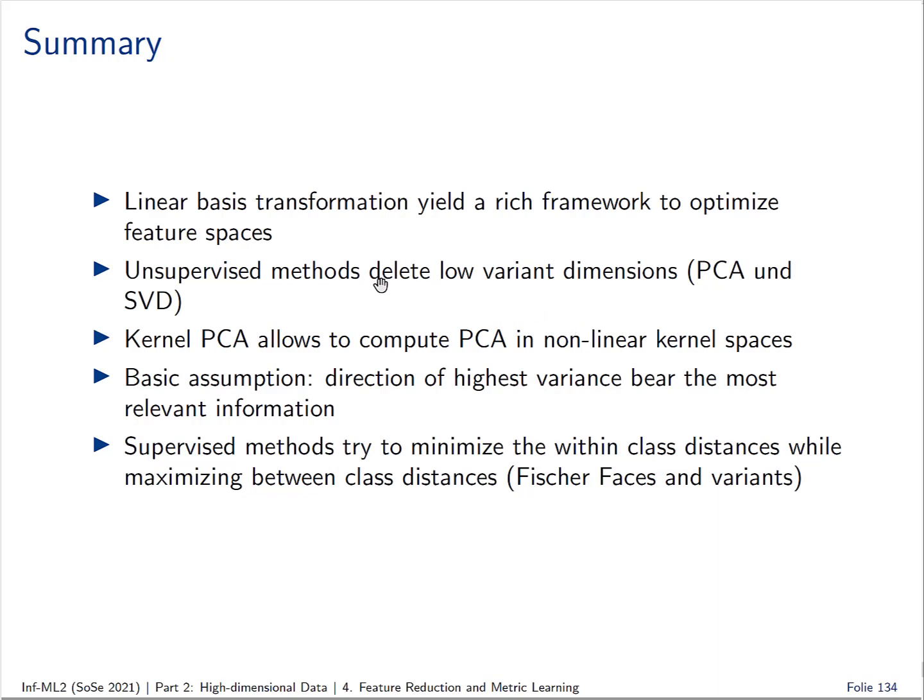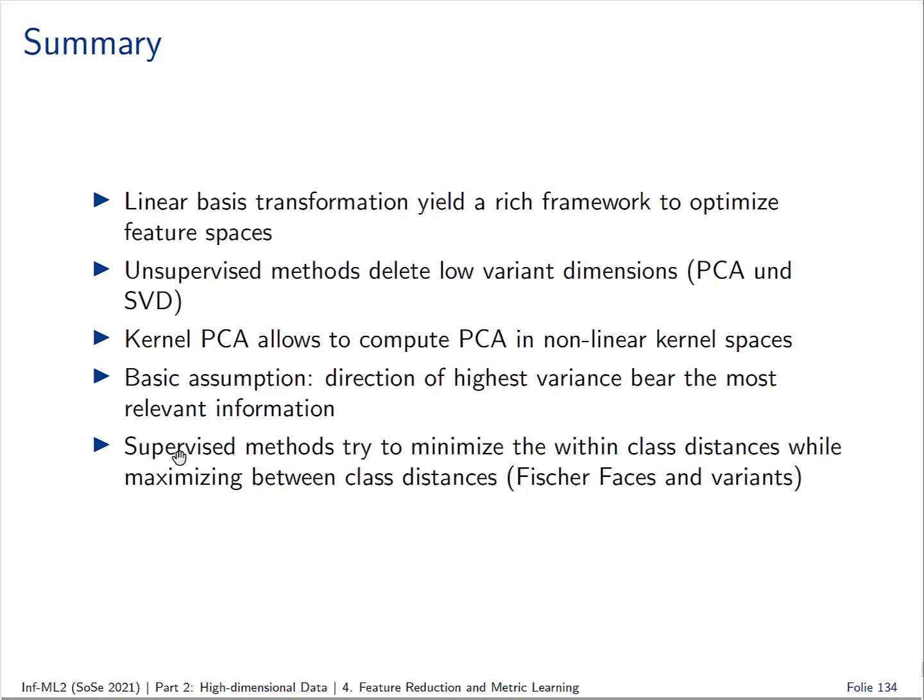Kernel PCA extends PCA to nonlinear kernel spaces. Once again, the basic assumption is that the directions of highest variance are the most interesting directions for the data mining and machine learning task. If that's not the case, forget about all that stuff.